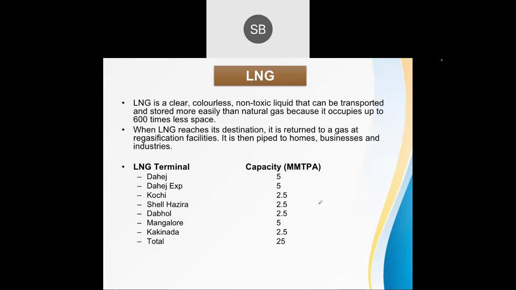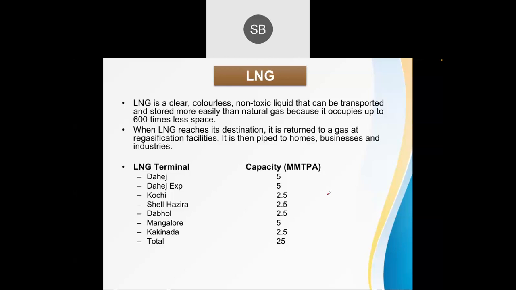In gas turbine power plants, we generally use natural gas, compressed natural gas or LNG, liquefied natural gas, as a fuel instead of coal. The main advantages are that it has less pollution compared to coal, and the environmental impact is very less.